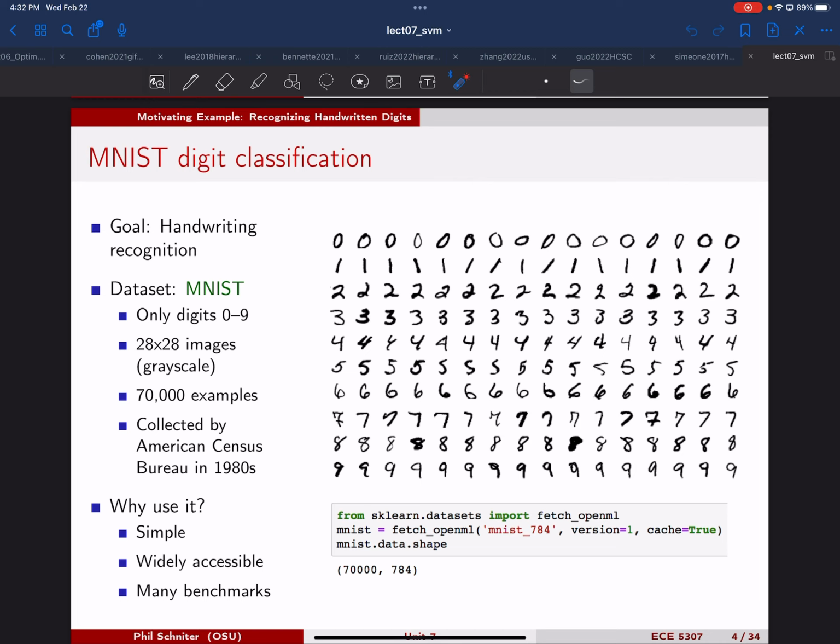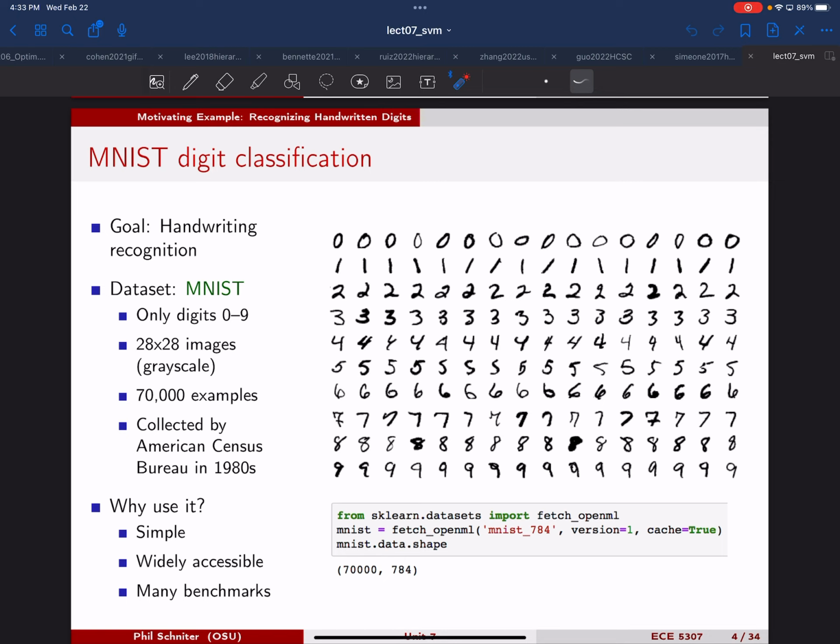It was created back in the 80s with the goal of having an automatic mail reader, envelope reader, because at that time, people in the post office had to look at every envelope and try to figure out what was there, and they thought, well, maybe we can build a computer method that will be able to recognize digits, like zip code digits.